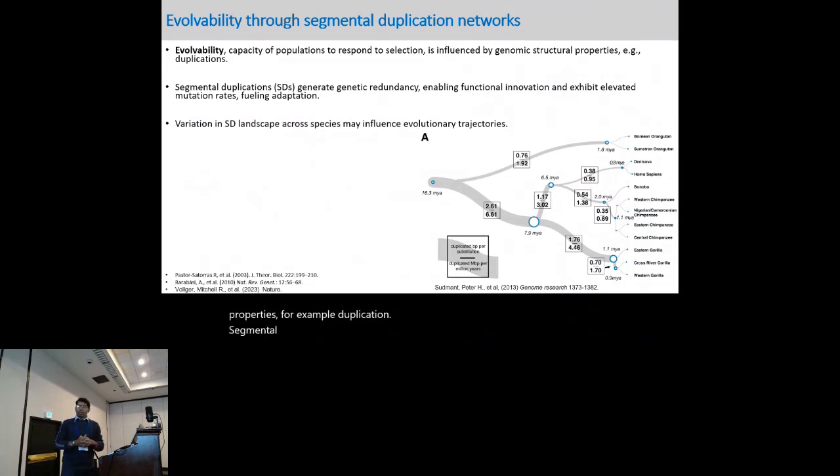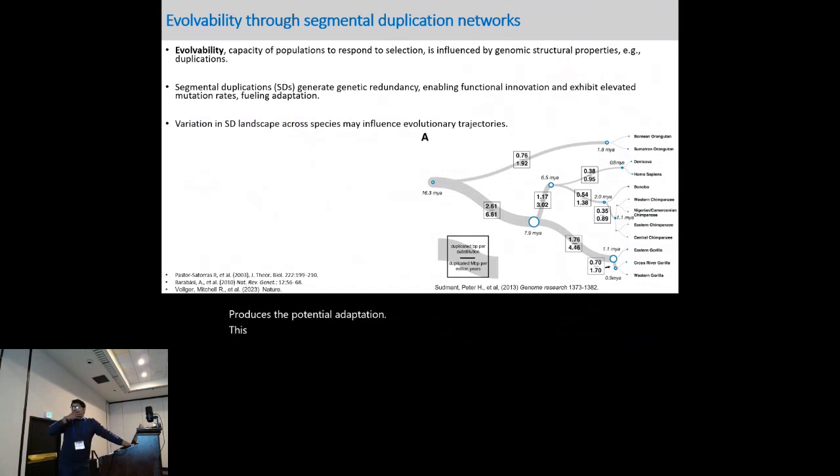Segmental duplication is one kind of duplication that produces genetic redundancy, and that also gives novel functionality, and it also shows an elevated mutation rate that produces the potential for adaptation.